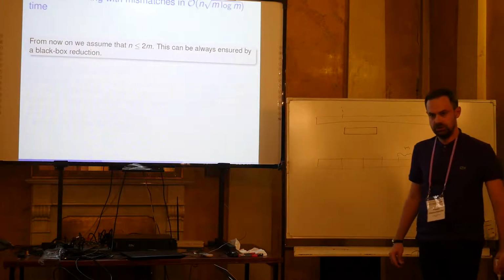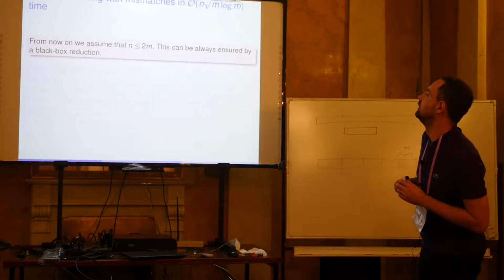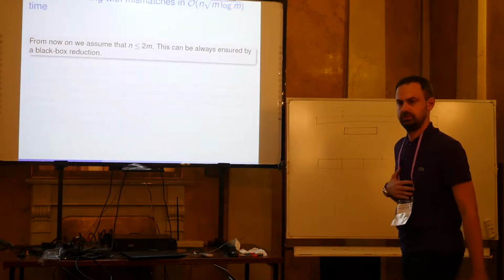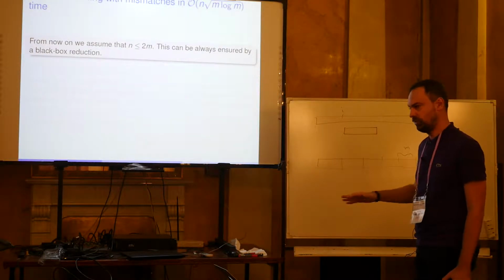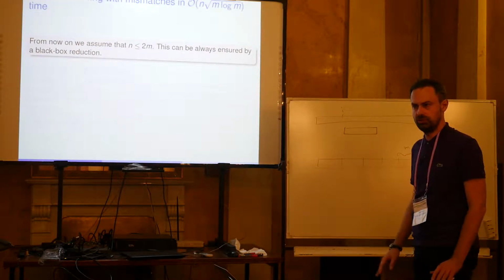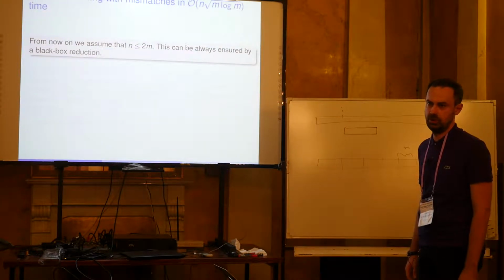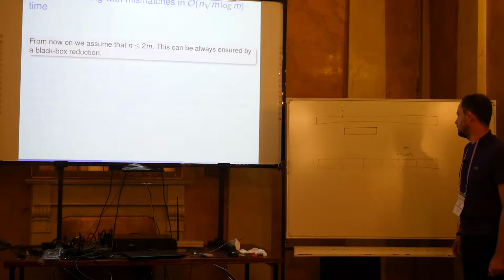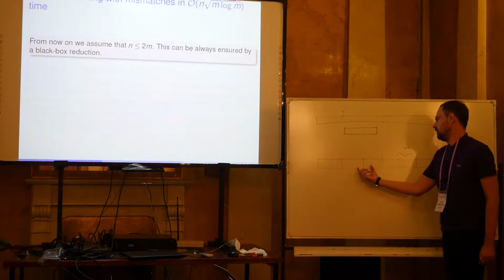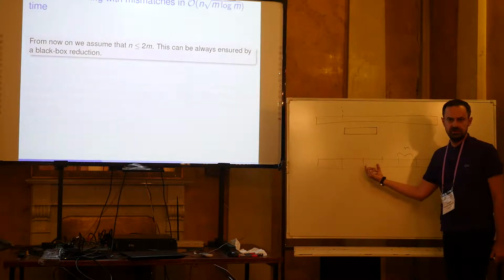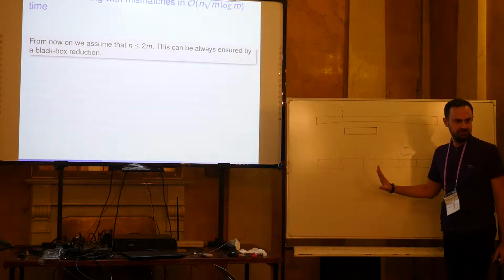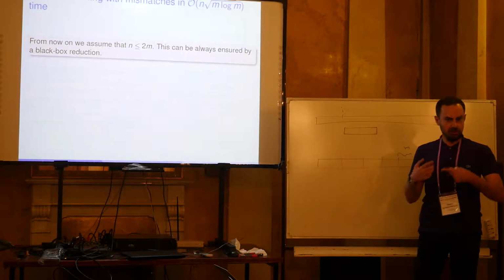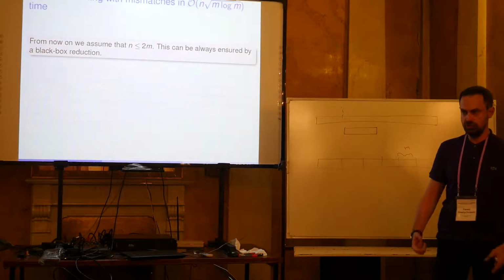Could you now explain why you can reduce it to n plus m? Yes. From now on, I will work with text of length at most 2m, so it will be a bit simpler to look at. So I cut my text into blocks of length m, and if you have an alignment of the pattern, it's fully contained in two consecutive blocks. So I can take the first two blocks and solve my problem on the concatenation of those two blocks.